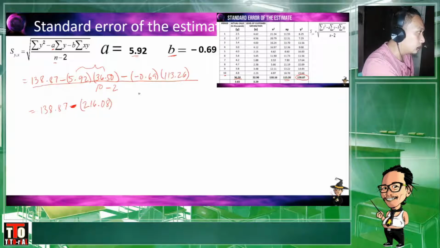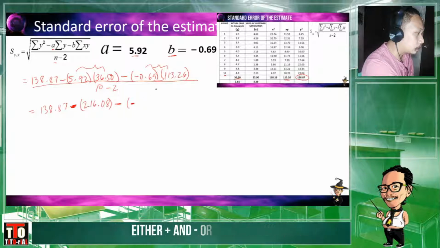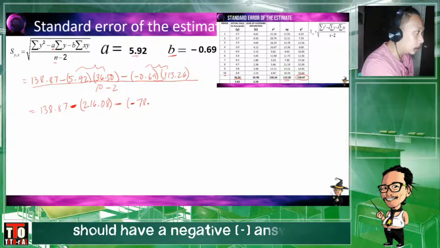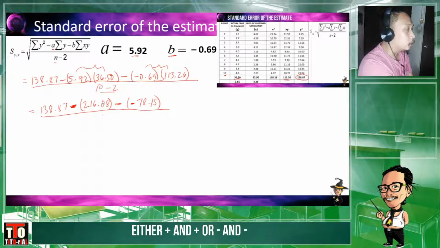Okay. Next, minus itong part naman na to. Okay? So, that would be negative 0.69 times 113.26. So, unlike signs, matik, meron tayong negative sign. So, pag minultiply natin itong dalawa, we will have an answer of negative 78.15. Okay? Over itong portion na to. 10 minus 2, that would be 8.